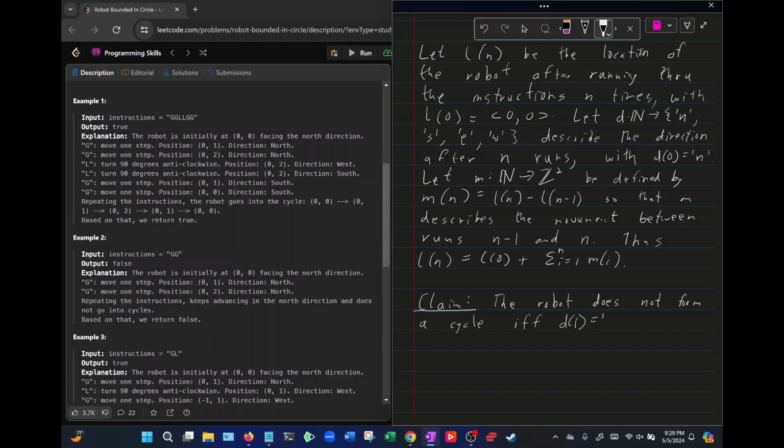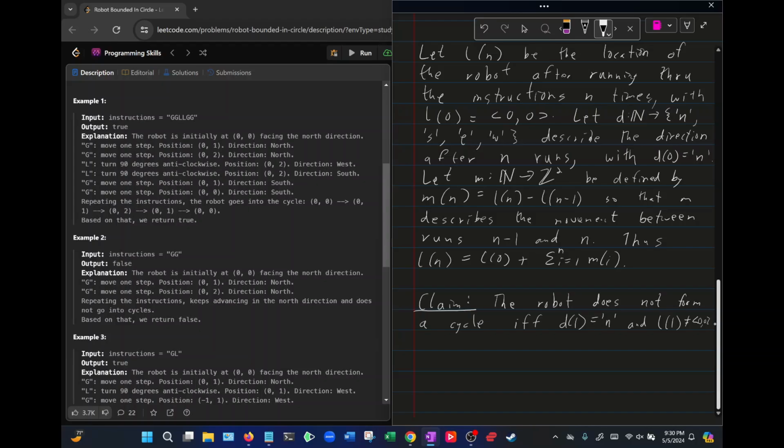The direction after one run through the instructions needs to be north, and the location after one run through cannot be the origin. Okay, and this is a little weird saying, claim the robot does not form a cycle if and only if this happens. It might be easier to write the robot does form a cycle if and only if one of these other conditions happens.